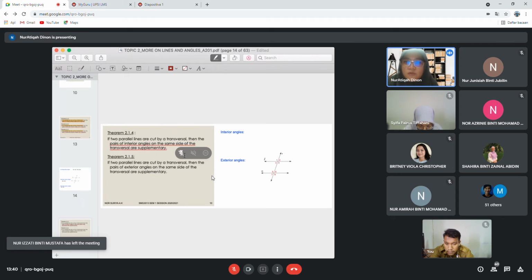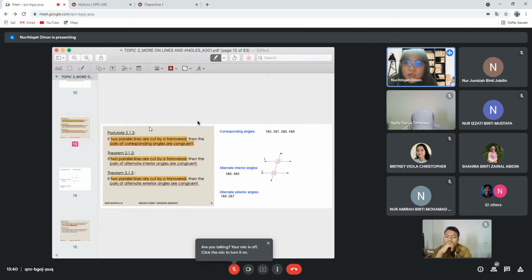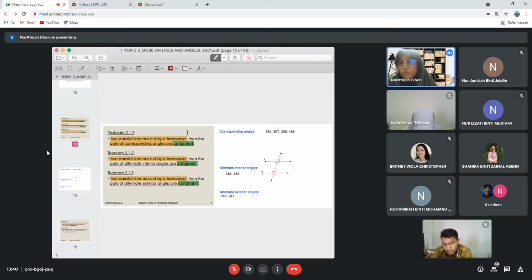The difference between this one and the one before is that the angles are supplementary, while before this, what we have are all congruent. So it's a little bit different. When we talk about corresponding angles, alternate interior angles and alternate exterior angles, the pairs are congruent.